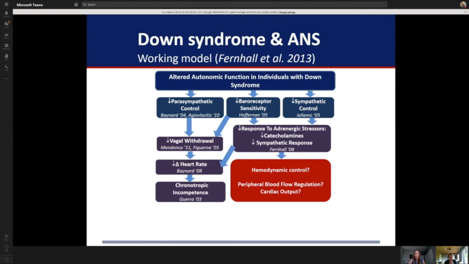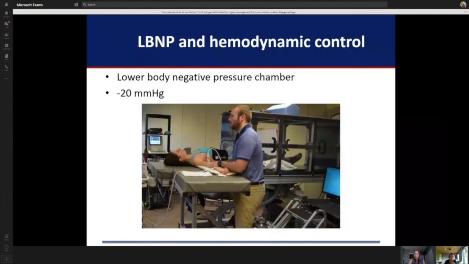flow regulation. There are ways of looking at that with specific methods, and what we use is a lower body negative pressure chamber. This lower body negative pressure chamber is kind of a fun machine. It was originally designed for astronauts because it can sort of simulate gravity. People are laying down, they're actually fairly comfortable, in that box that you can see in this picture.